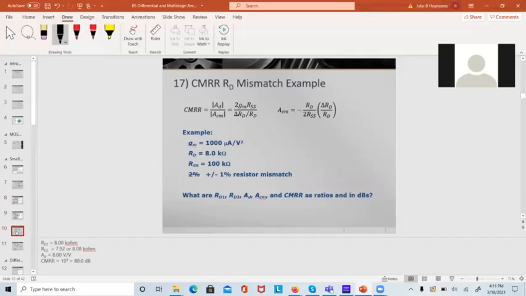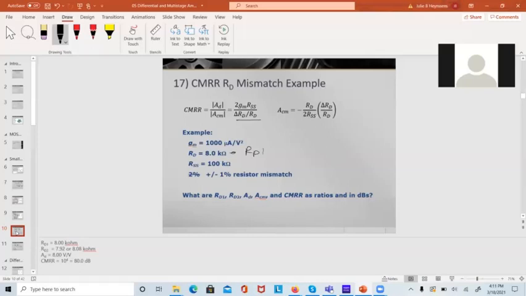Now we could plug some numbers in here. So I've got an expression for the common mode rejection ratio. What are RD1? RD1 would be 8K ohms.